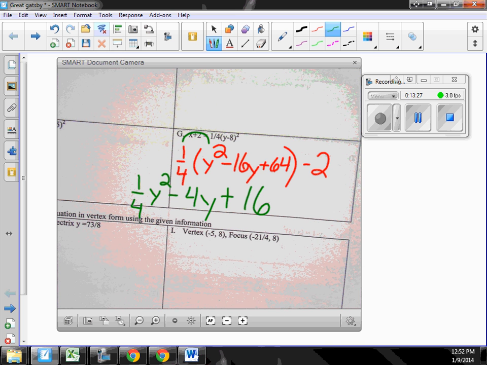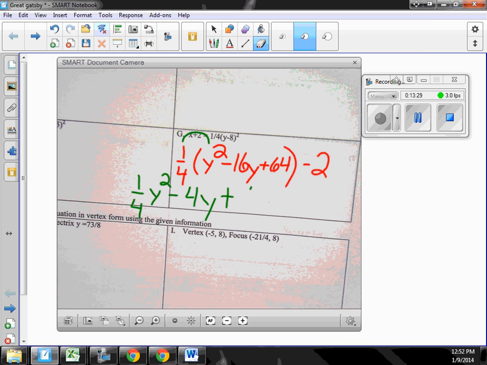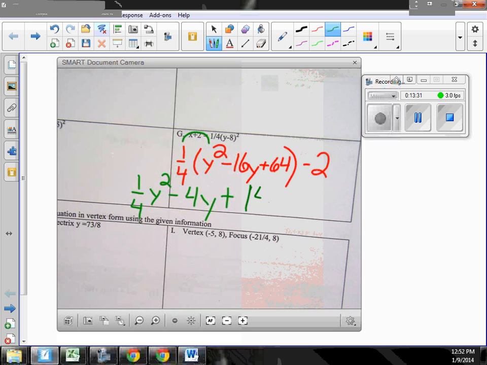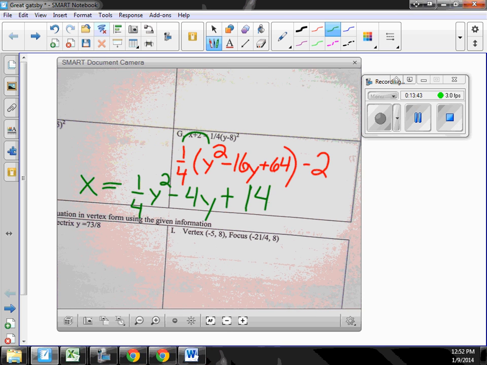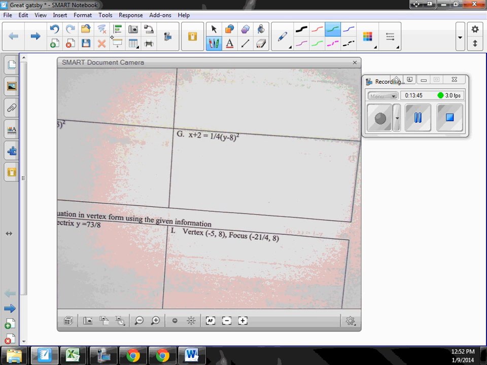And then I subtract the 2, so that turns the 16 into a 14, x equals. What direction does that quadratic open toward? To the right.